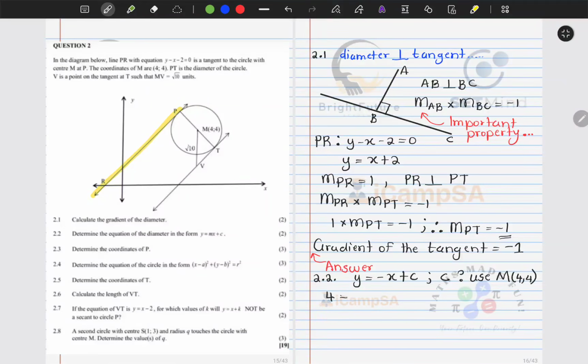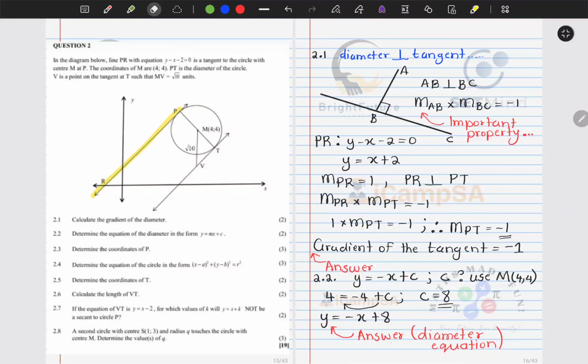So we'll put y as 4, then x as 4. And when you transpose, you will find your c to be 8. So our y becomes negative x plus 8. And this becomes our answer for 2.2, which is our diameter equation.